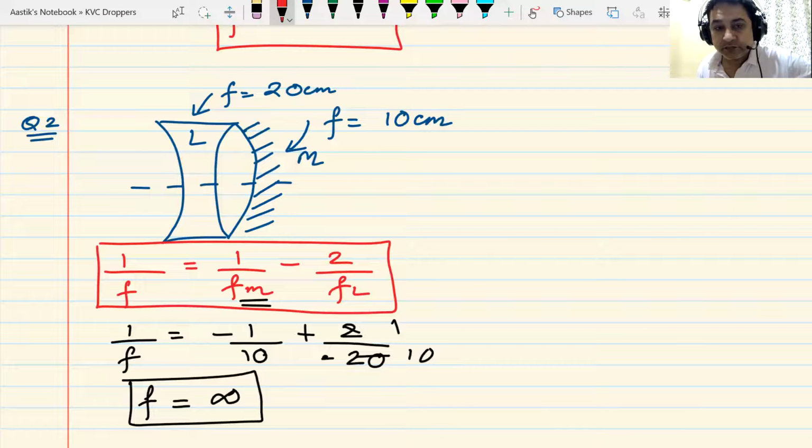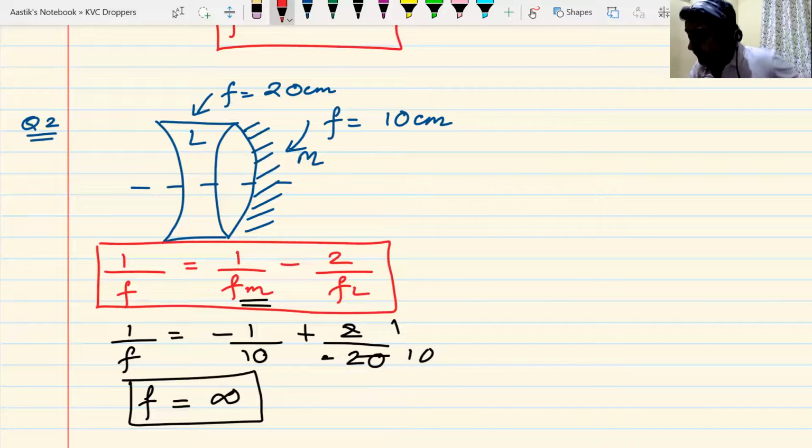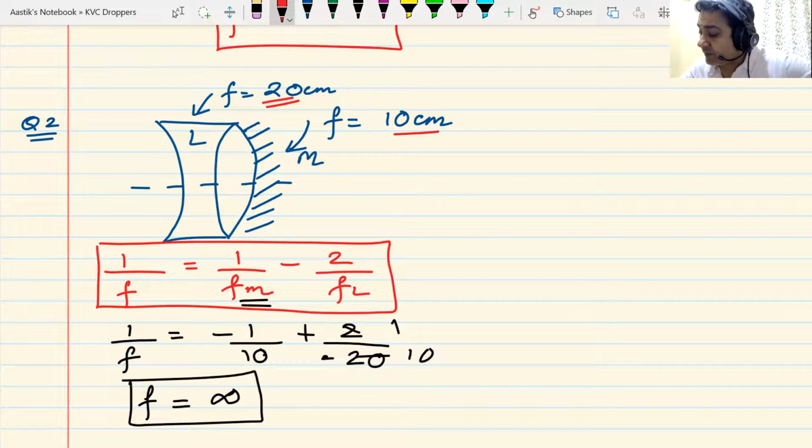Best of luck. So the answer for this combination, again, please go through this. We have a concave lens of focal length 20 centimeters. We have a concave mirror of focal length 10 centimeters. When we find out the focal length of the combination, it comes out as infinite. That means it will behave as a plane mirror.